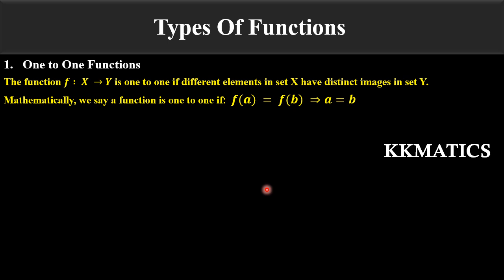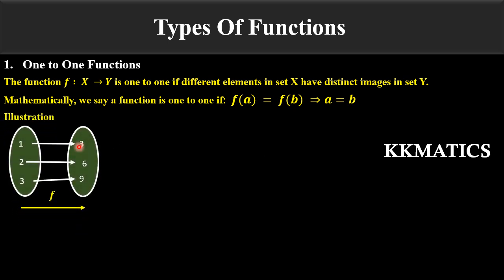Mathematically, if you're given a function, and we substitute a in the function and substitute b in that same function, then if f of a equals f of b, that implies a equals b. That is to say that our end result should be that a is equal to b. This is what we mean here.